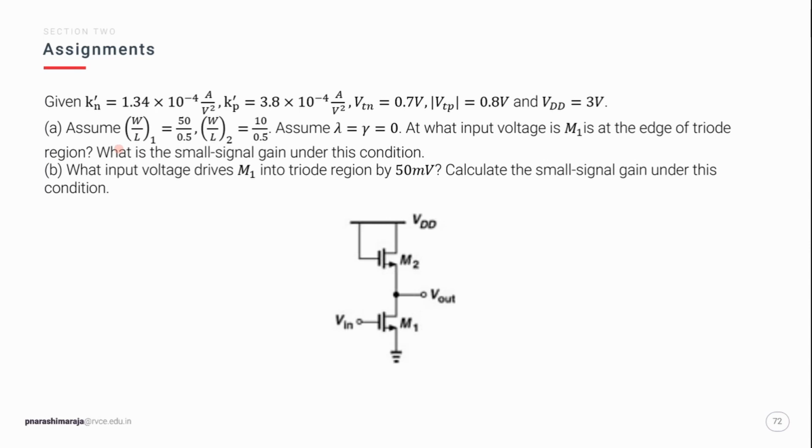So try to calculate, and then we'll have a discussion on this whenever time permits. What is given here is the VOV. From VOV we can actually compute the VGS value. It's as simple as that. So once I have the DC quantity, then you can go for calculating the small signal gain. Clear?